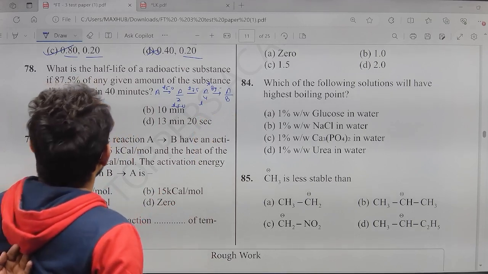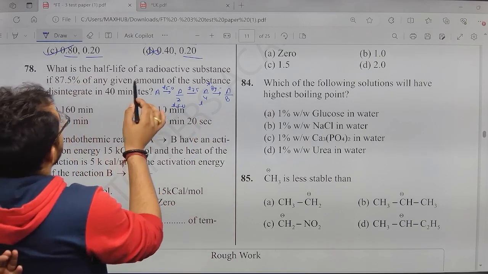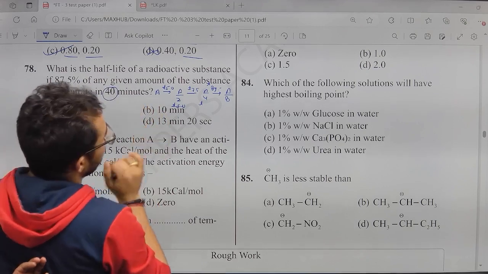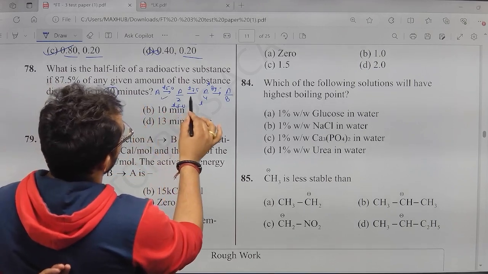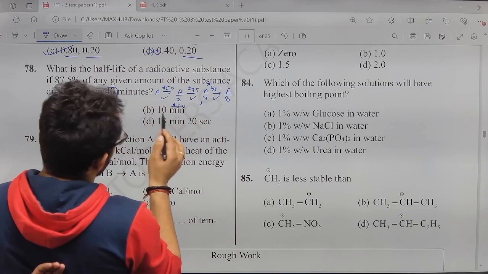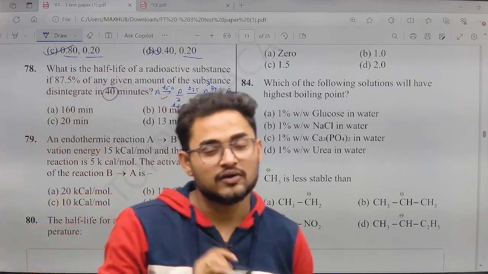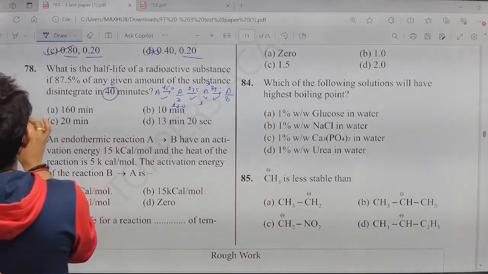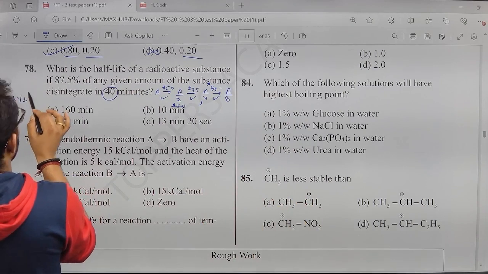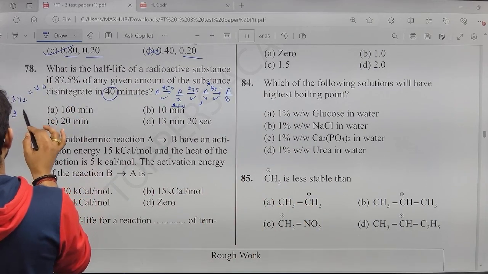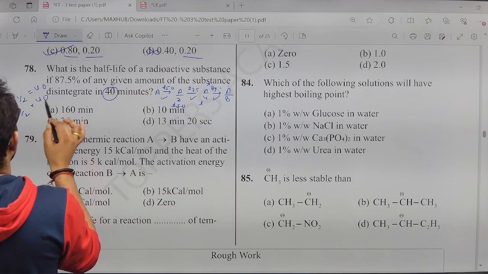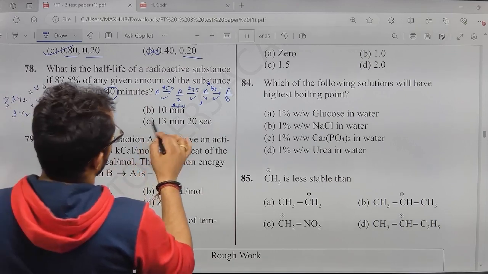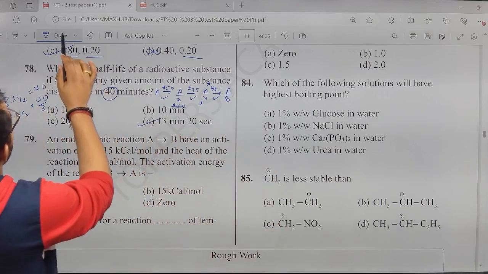Now it is taking 40 minutes for this. How many half-lives? 1 half-life, 2 half-life, 3 half-life. So 3 half-lives equal 40 minutes, so 1 half-life will be 40 upon 3, that is 13.33 minutes.